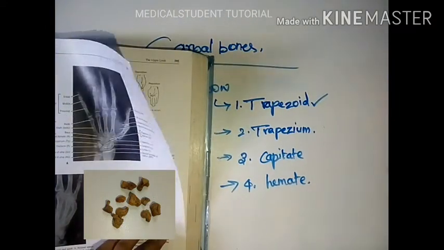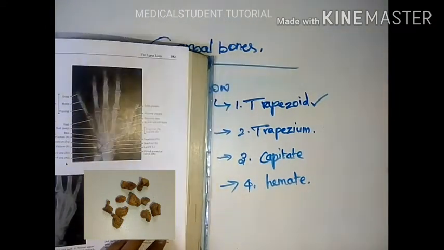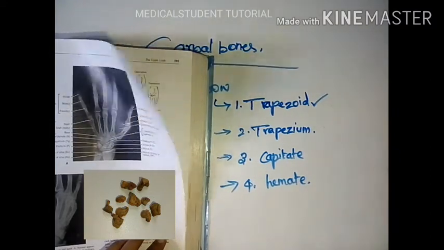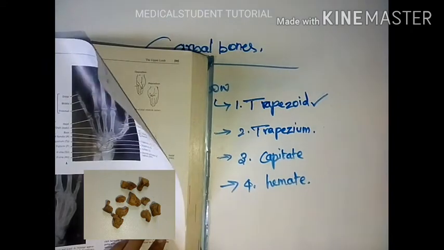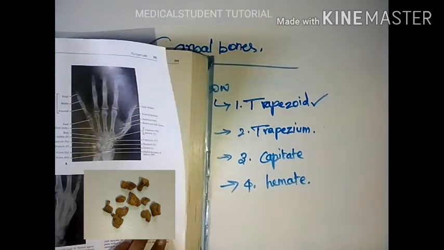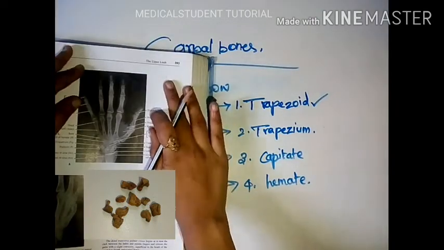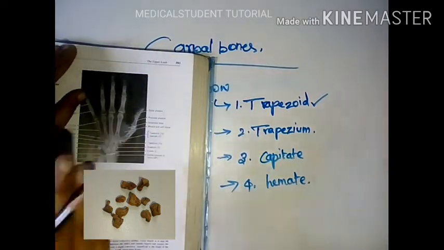Trapezoid is quadrangular in shape and has a crest and groove anteriorly. It has a concavo-convex articular surface distally. This is a quadrangular shaped bone in the distal end.